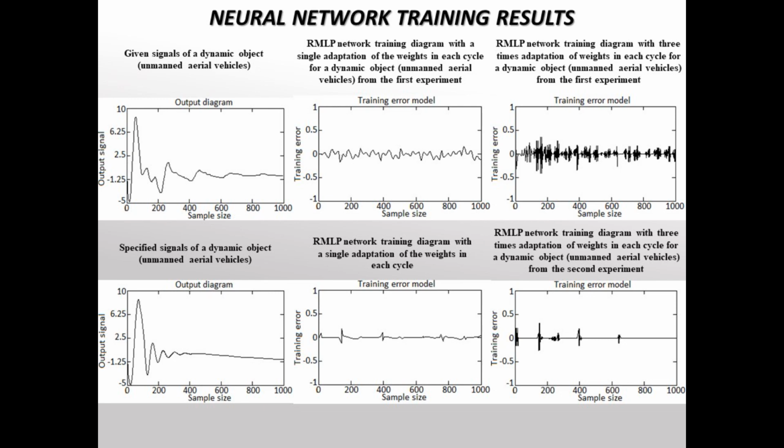RMLP network training diagram with a single adaptation of the weight in each circle. RMLP network training diagram with 3 times adaptation of weight in each circle for a dynamic object, unmanned aerial vehicles, from the second experiment.